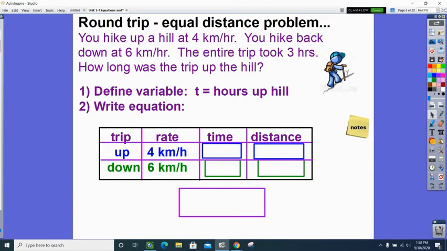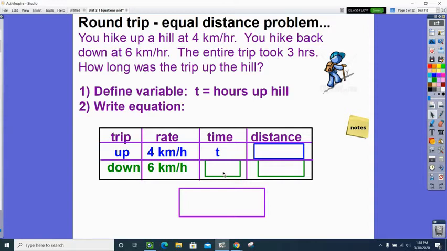That was pretty easy. What would I put in for the up time? What would I put in this cell? That's our variable. That's what we defined right here. So now the question is, what do I put in the downtime?